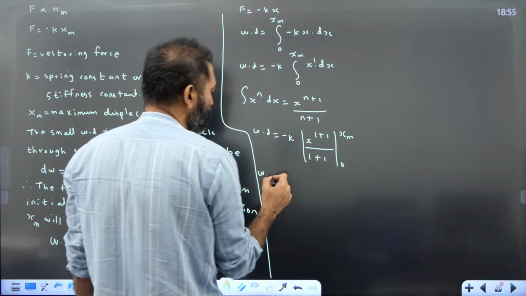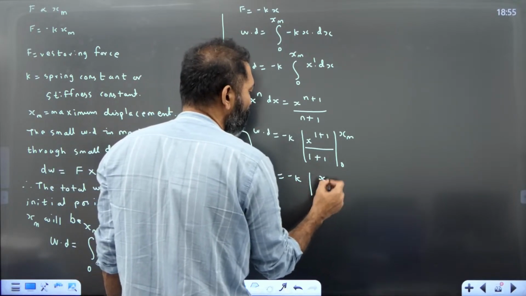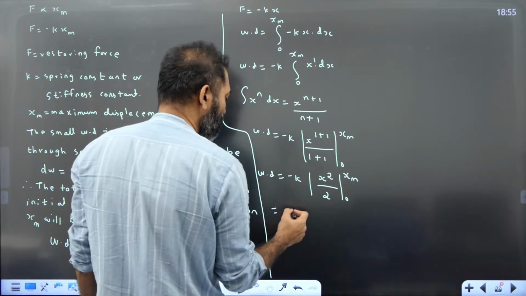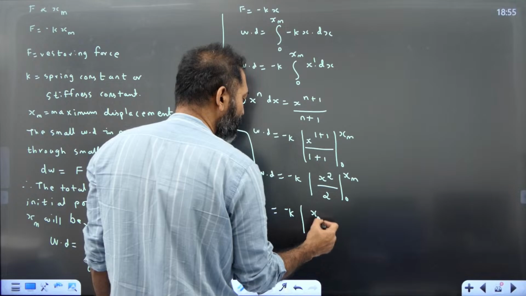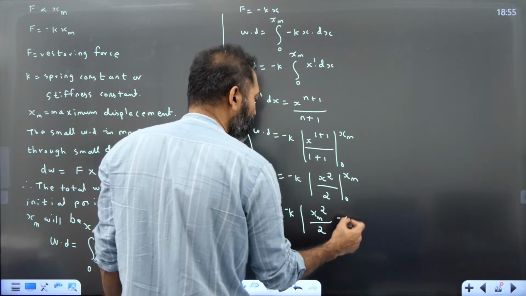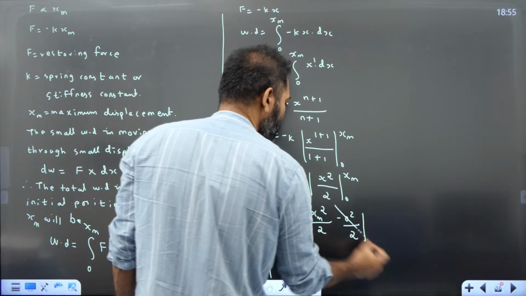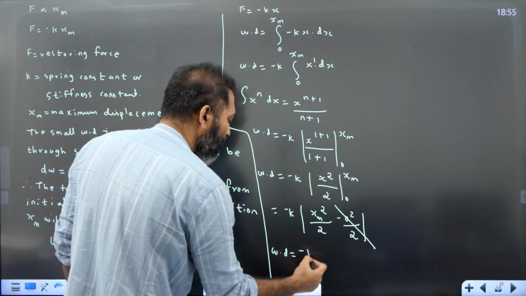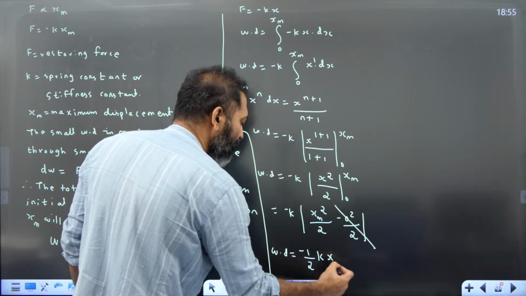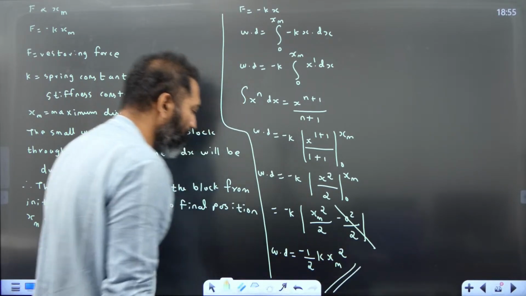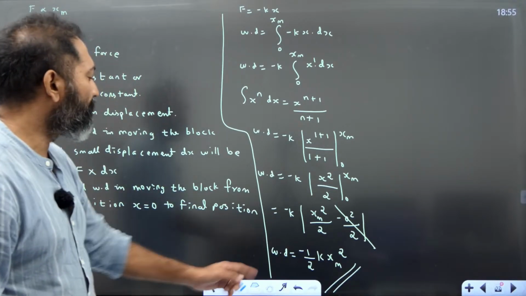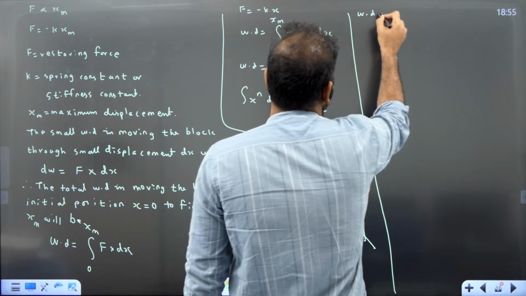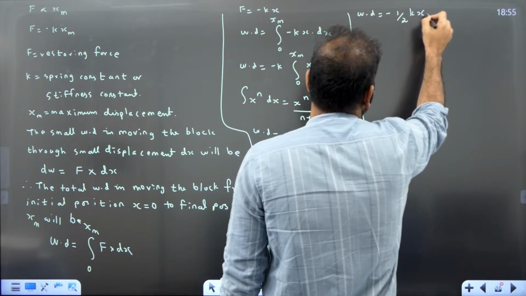So work done is equal to minus k into x square by 2, limit 0 to x suffix m. So minus k into upper limit x suffix m square by 2 minus lower limit 0 square by 2. What is 0 square by 2? 0. So work done is equal to minus half k x suffix m square.